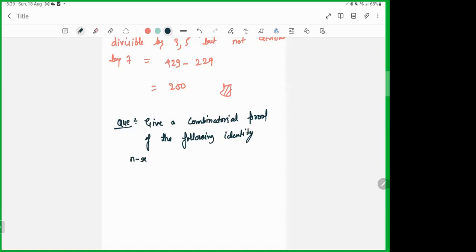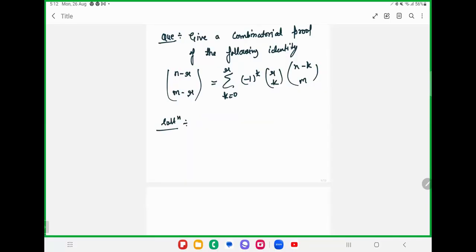N minus R choose M minus R is equal to a summation, on the right hand side, running over k, of minus 1 to the power k, R choose k into N minus k choose M.